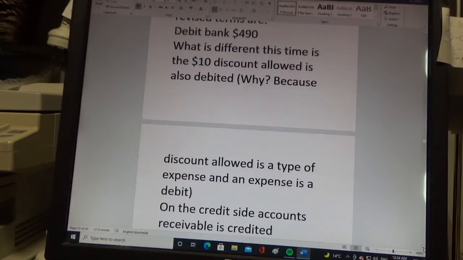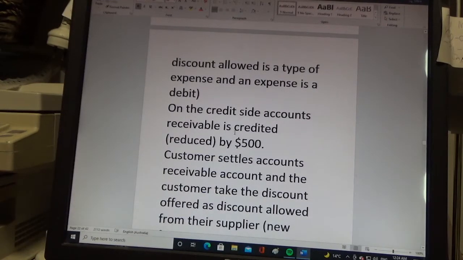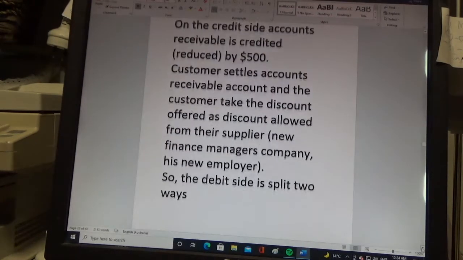But on the credit side, you credit accounts receivable, reduce it by 500. So that 490 plus 10 on the debit side adds up to 500 on the credit side.